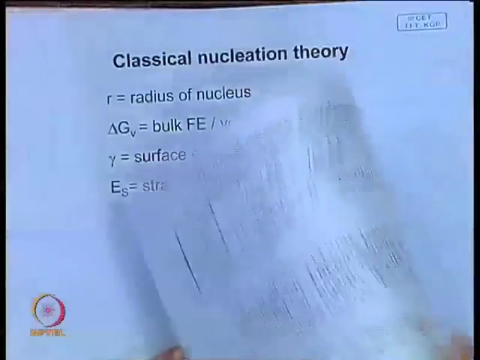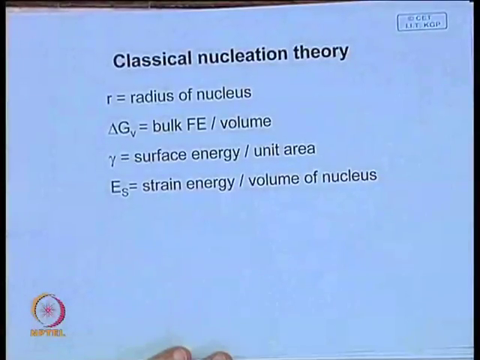Now, let us look at the classical nucleation theory. As we go through, there is one point: when we look at the precipitate in an optical microscope, we see that after aging there is no precipitate.